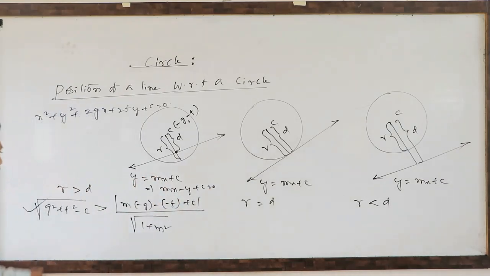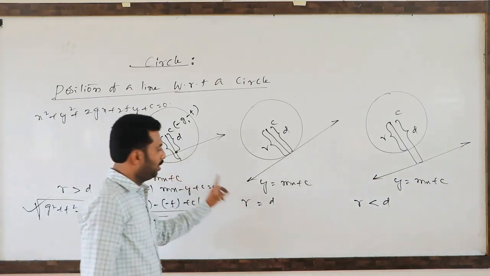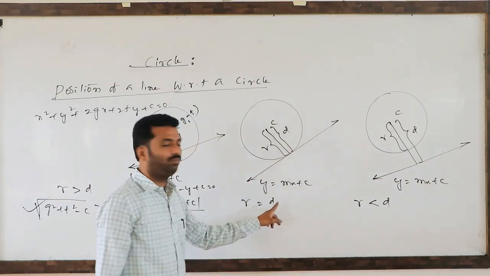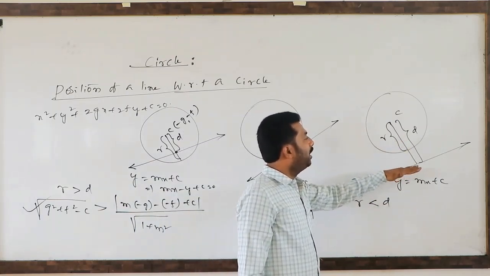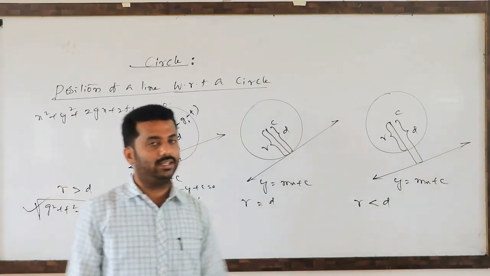So remember, R greater than D means the line intersects the circle. R equal to D means it touches the circle. R less than D means the line never touches or intersects the circle, it is completely outside the circle.